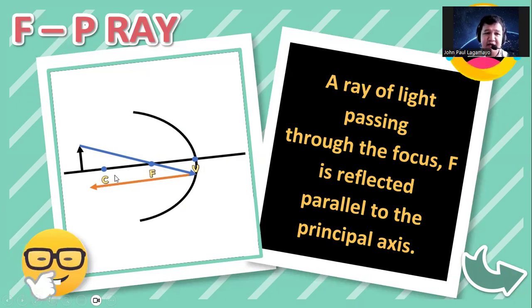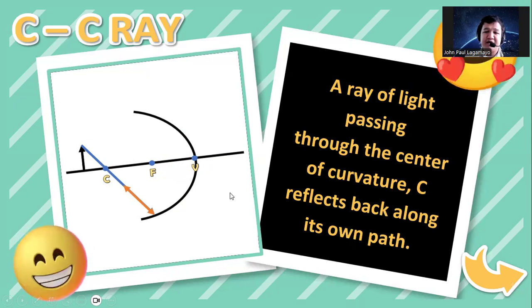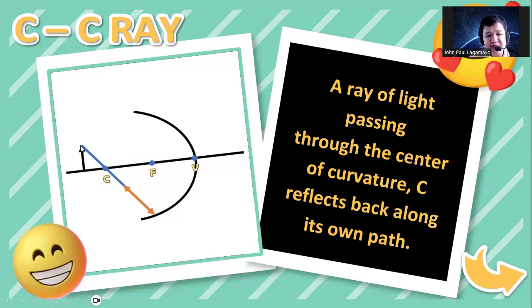So we have already tackled the PF and then the FP. Another ray is the ray of light passing through the center of curvature C that reflects back along its own path. The CC ray, what you call the CC ray. This is the center of curvature, here is the incident ray, going back here as well is the reflected ray. So that is what you call the CC ray.